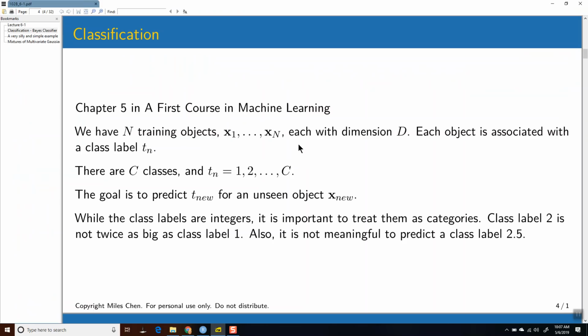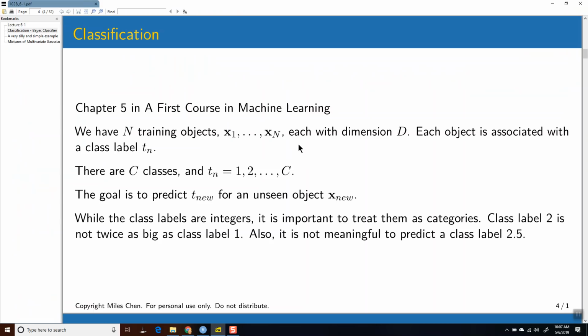And each observation has an associated class label, because this is a classification problem, so they belong to category A, category B, category C, right? So it's kind of like in your homework, the flowers were either Setosa, versicolor, or virginica, or something like that. And so you've got these classification labels, and we label them 1, 2, 3, up through letter C.